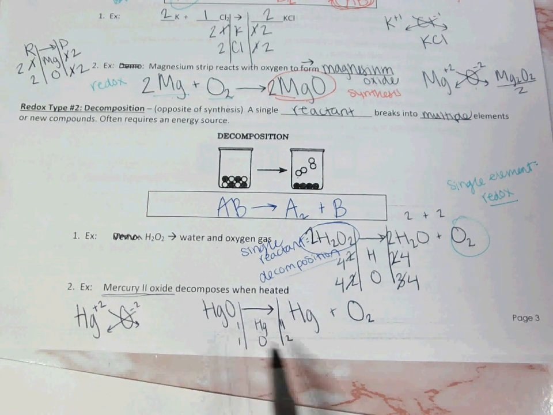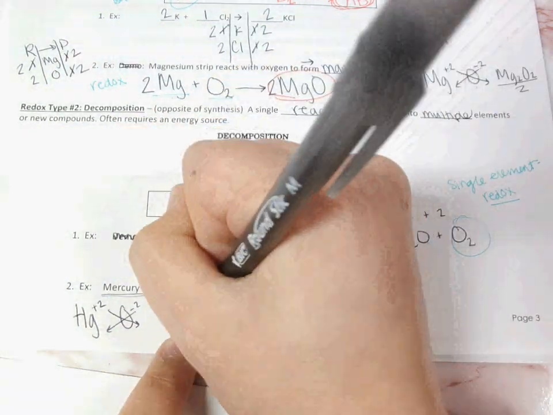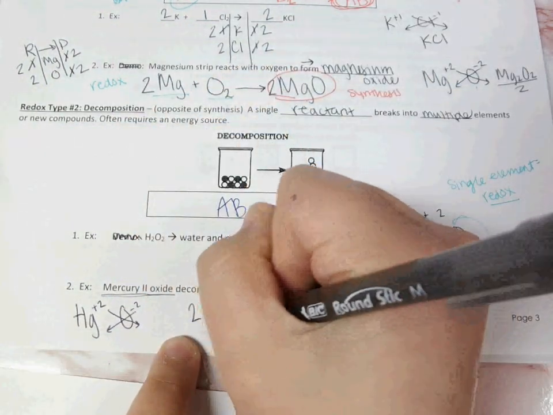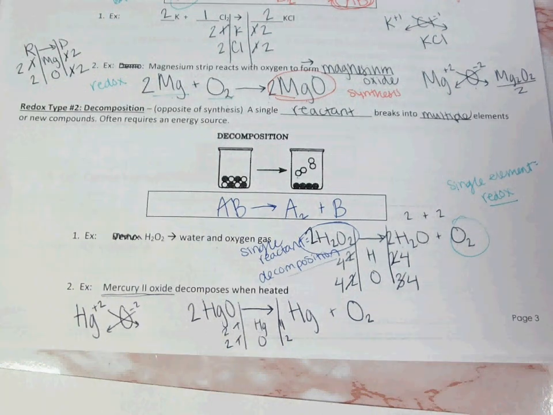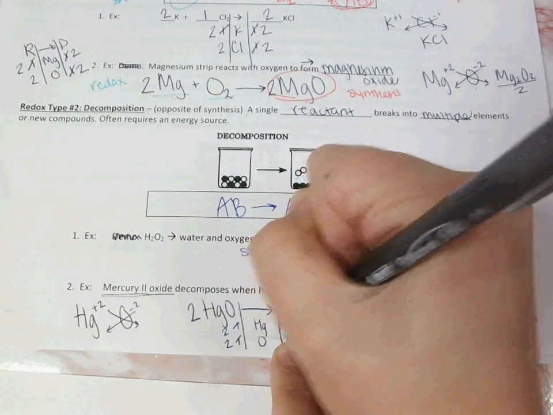My mercuries are balanced, my oxygens are not. So I'd put a coefficient of 2 in front of HgO. Now that brings me to 2 and 2. And then I need a coefficient of what where? 2 in front of Hg. Perfect. And that gives me 2 of those.